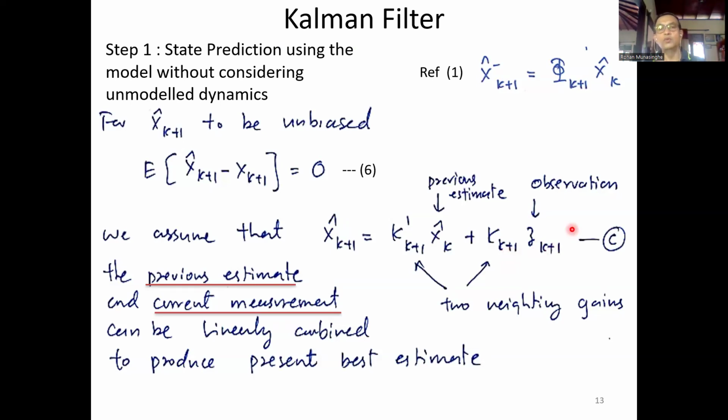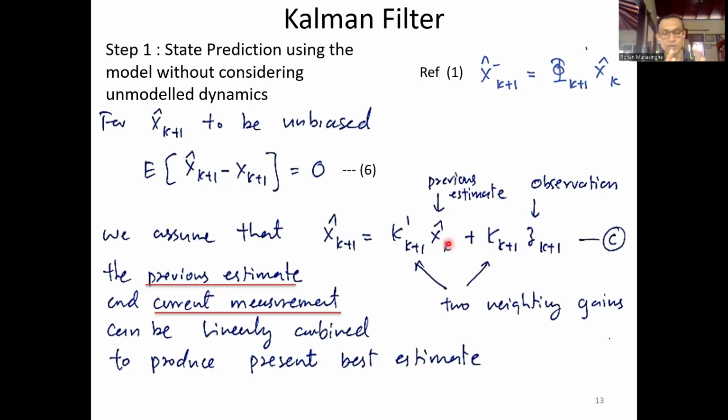How can you combine these two together? I think it's good if you put over here the predicted state, that is x hat minus k plus 1. If you use this one over here, it is the predicted value right now. Okay, I will make that correction.